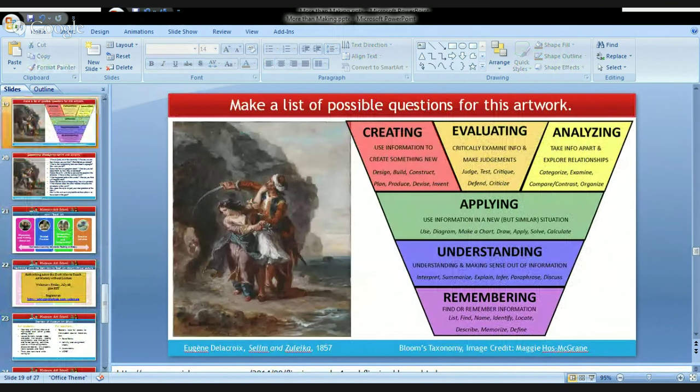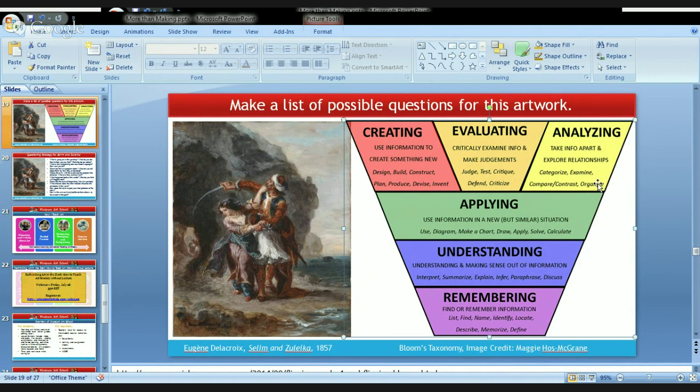So Bloom's taxonomy is, okay, I'm on the right slide. Basically a hierarchy of critical or higher order thinking. At the bottom of this chart, which I found on this website, is the basic, easiest thinking. As you get higher, these are the harder questions that take more time to think and use your brain a little bit more.